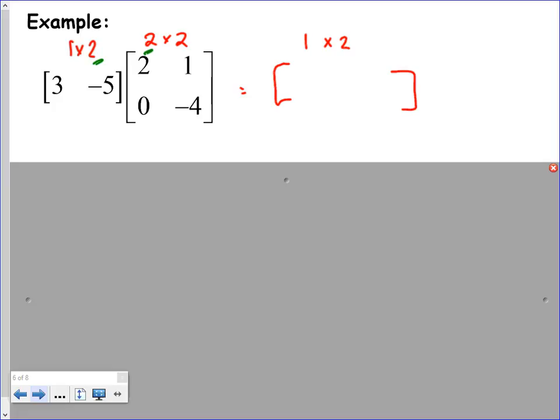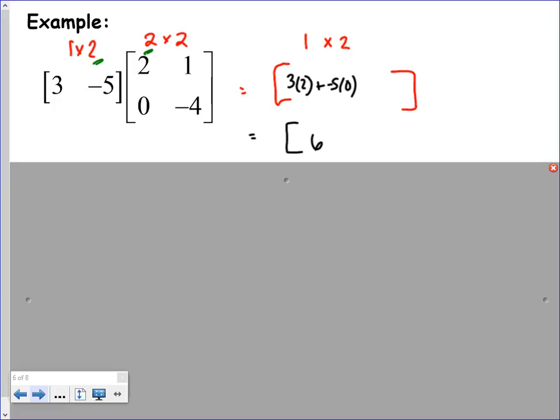So, first row times first column. 3 times 2 is 6 plus negative 5 times 0, which is 0. So that gives me a first entry of 6. To get my second entry, I'm taking my first row times my second column. 3 times 1 is 3 plus negative 5 times negative 4, which is 20.